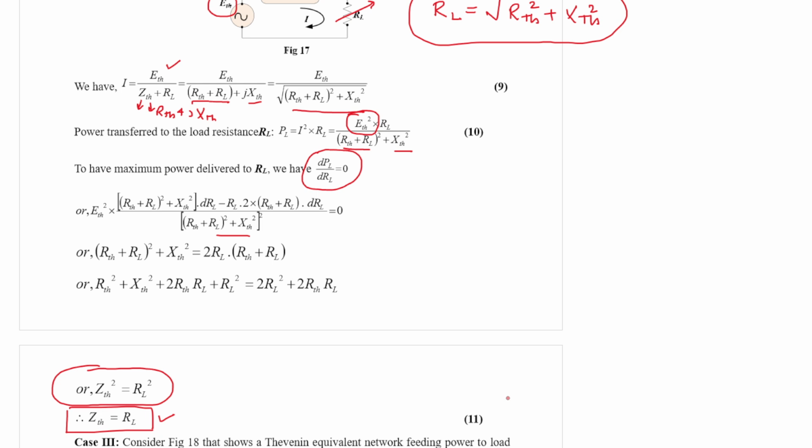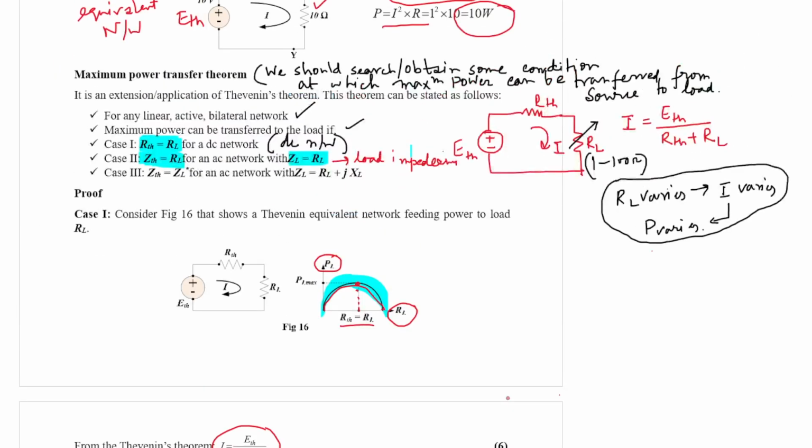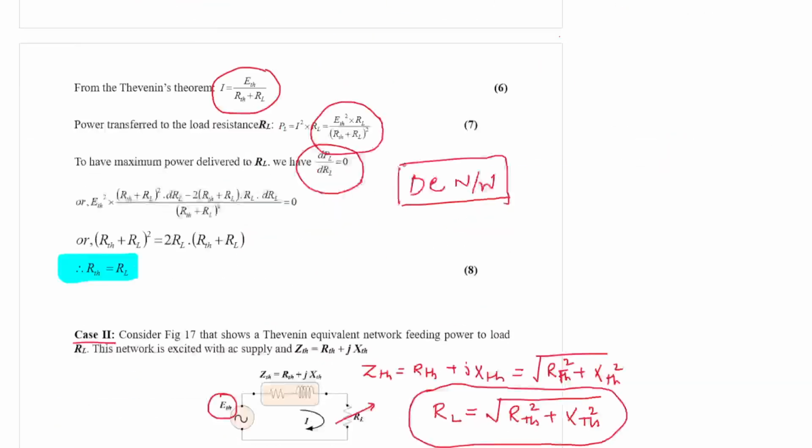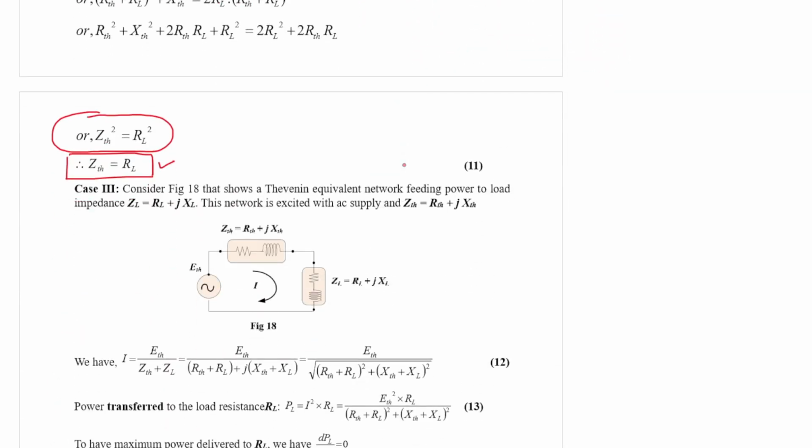Now moving forward with our last case, the third case is again for an AC network. In this case we have an AC source and a Thevenin equivalent impedance, which is already done.